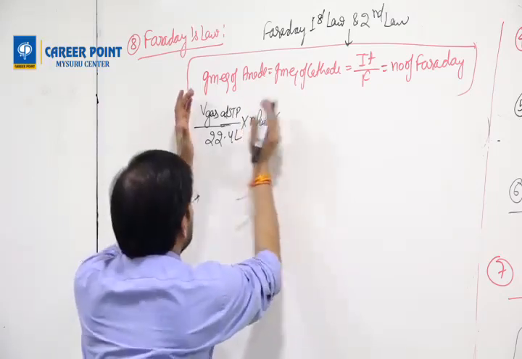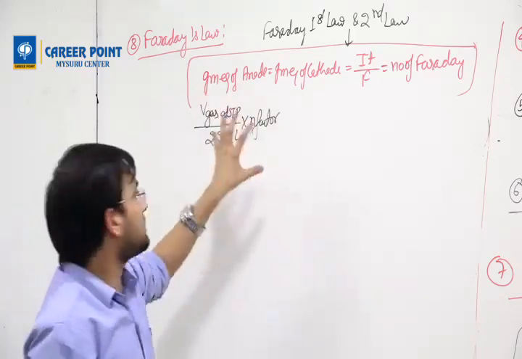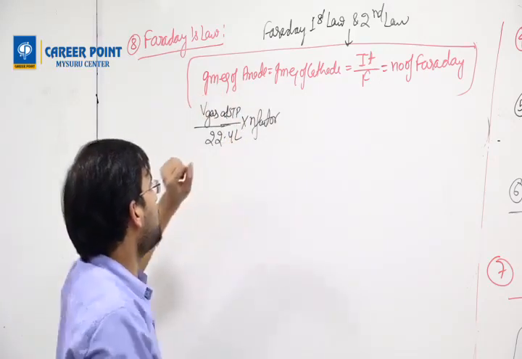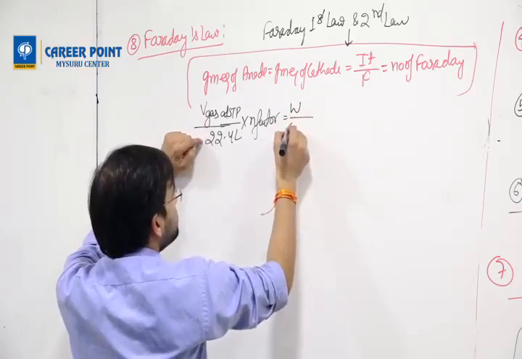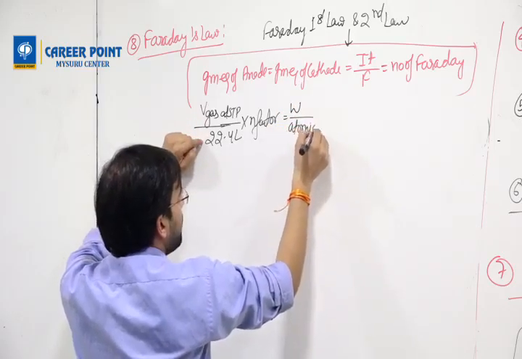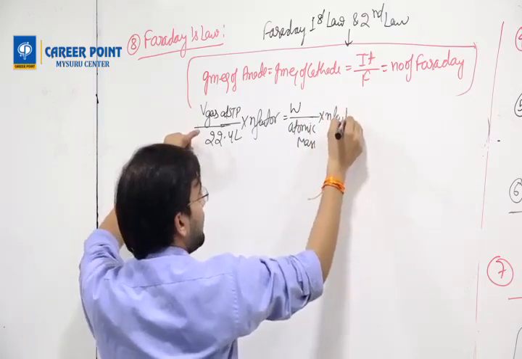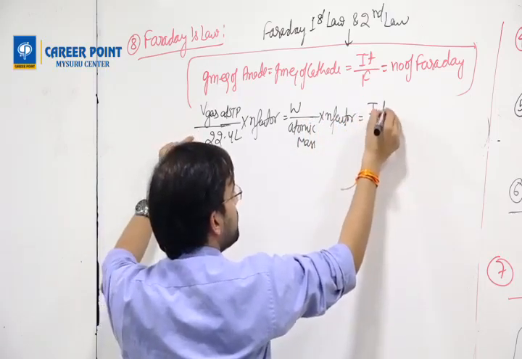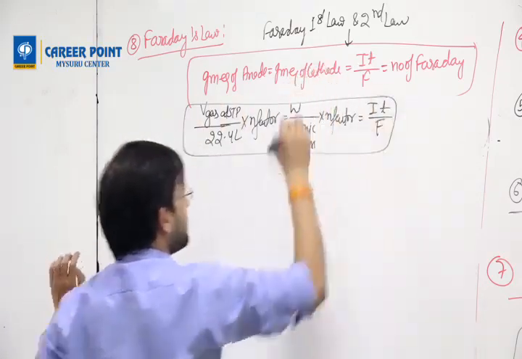This is moles. Gram equivalent equals moles into N factor. This is moles formula into N factor, equals amount by atomic mass into N factor, equals IT by F. That's how we can utilize it.